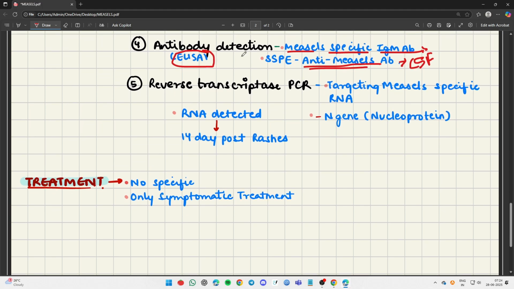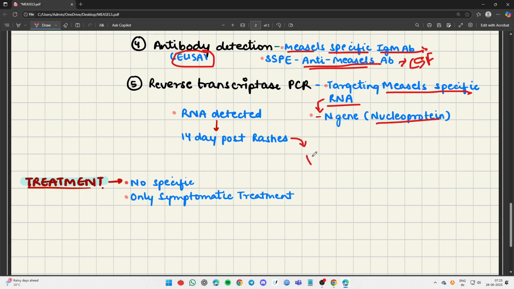Now we are going to talk about the fifth method of laboratory diagnosis of measles, which is reverse transcriptase PCR, in which we amplify the gene by using PCR. We amplify measles-specific RNA, in which there is the N gene, nucleoprotein, and the RNA can be detected up to 14 days post rash. On which day does the rash appear?